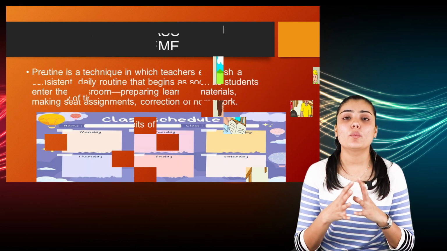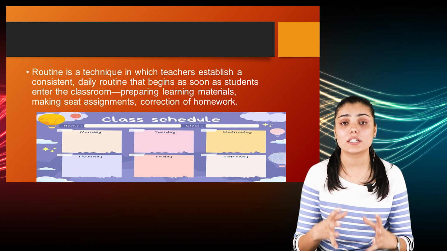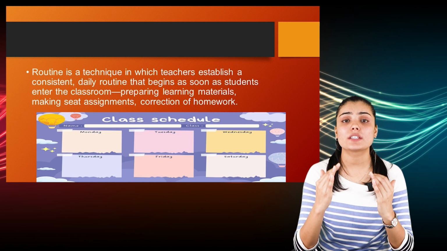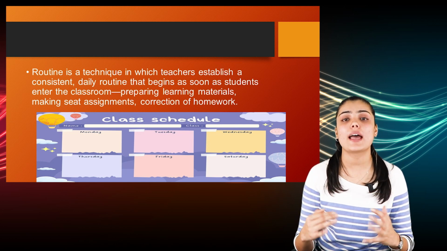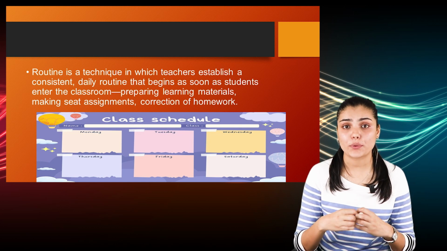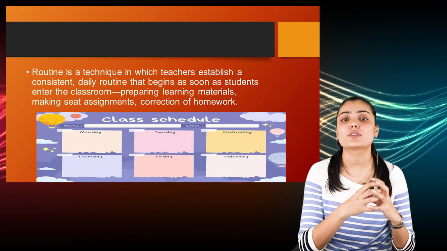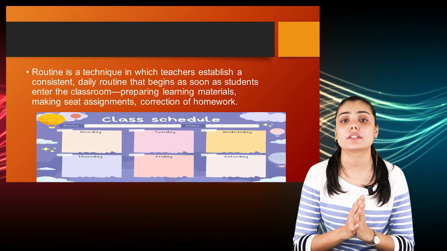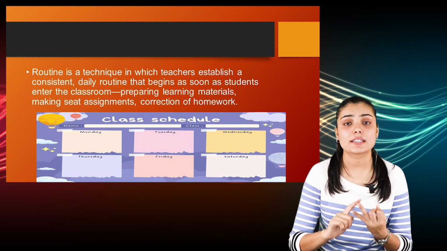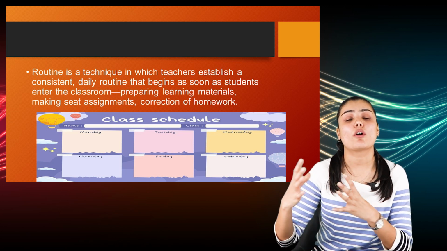Now, within a classroom, we are always given a routine to be followed, a schedule to be followed. A routine is a technique in which there is consistency of all the activities to be carried out, established by the teacher. A daily routine is to be followed by the students as soon as they enter the classroom, for example, preparing their learning materials, giving their attendance, managing their sitting arrangement, and correction of their homework.